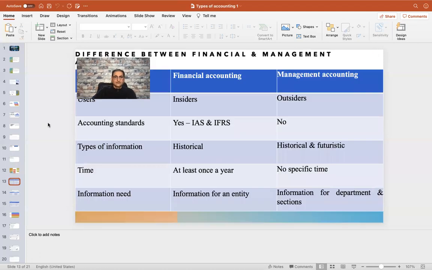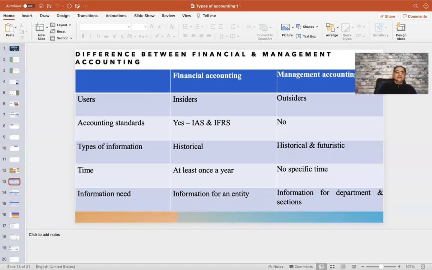Now, the next section is the difference between the two types of accounting, financial accounting and management accounting. Okay, so the users of the financial accounting are the insiders. Oh, sorry, that is a mistake here.